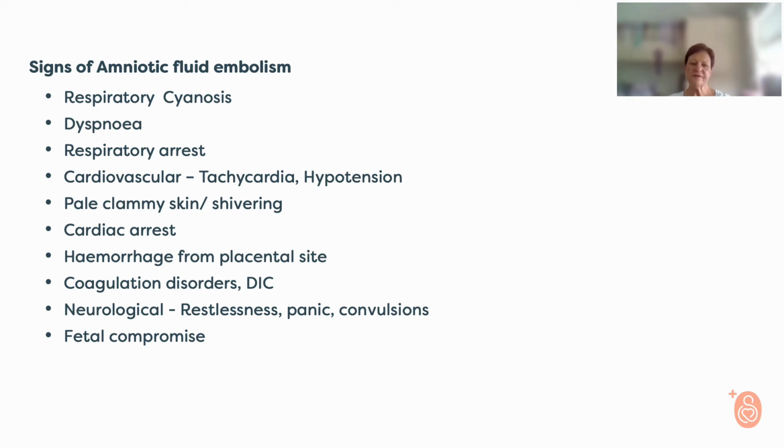So we have respiratory cyanosis, dyspnea, respiratory arrest, cardiovascular signs like hypotension and tachycardia, shock, pale clammy skin, shivering, cardiac arrest, hemorrhage from the placental site, coagulation disorders, which we will find out later when we draw blood, and DIC. The patient might even get very restless, panic, and get convulsions at the end, and obviously there will be fetal compromise if the fetus is still in the uterus.